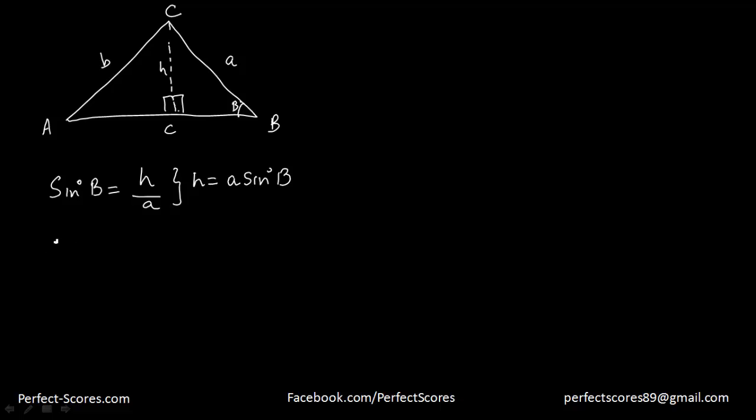And again, if I calculate the value of sine A, this over here is angle A. So sine A is going to be the perpendicular, which is h, divided by the hypotenuse, which is b.